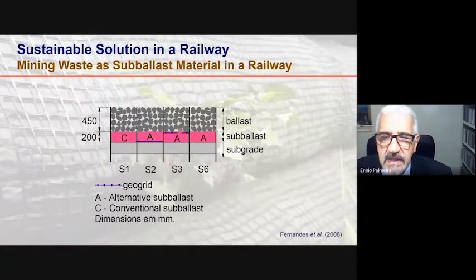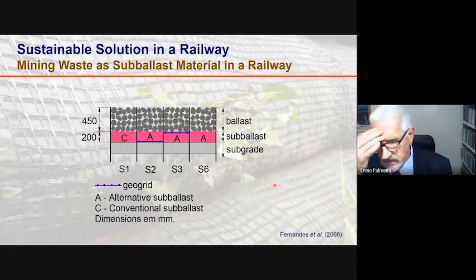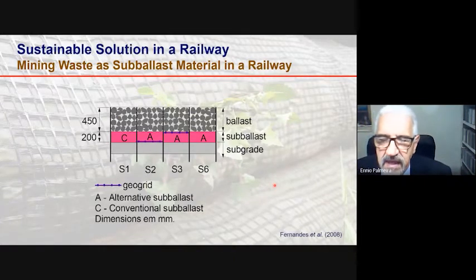In section S3, at the top of the alternative subballast material. And section S6 was also constructed with the alternative subballast material, but without geogrid reinforcement, just as a comparison to see how the alternative subballast material would behave under unreinforced conditions.